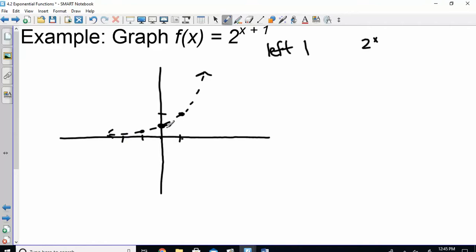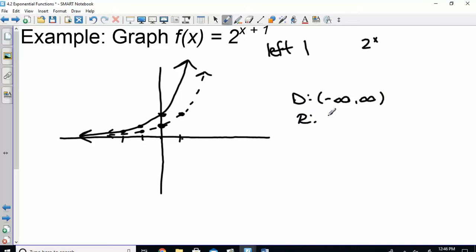So if we take each of these left 1, it looks like this. Domain, I said every time will be negative infinity to positive infinity. Did my range change this time? No, we're still hitting all the positives, so it's just 0 to infinity.